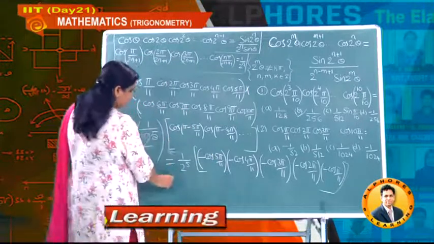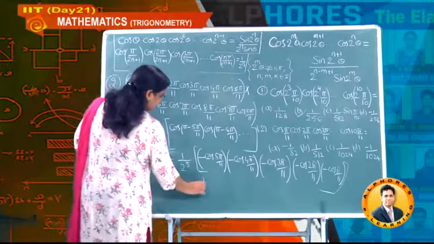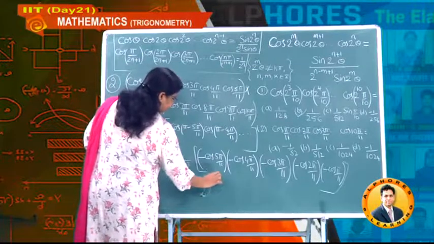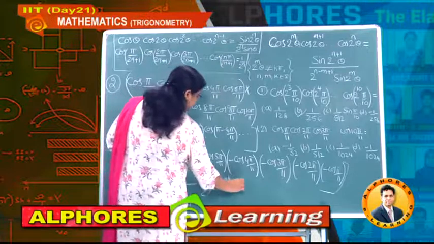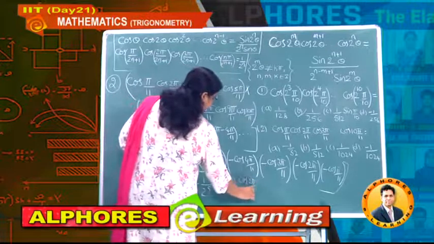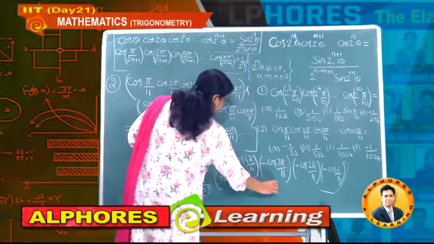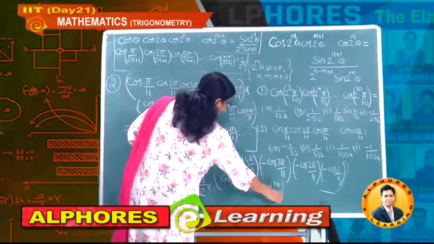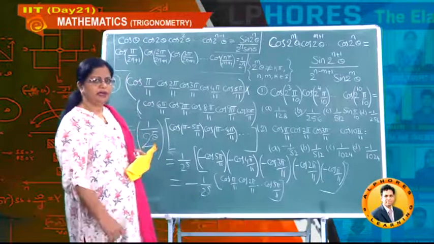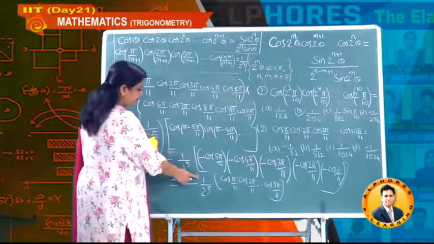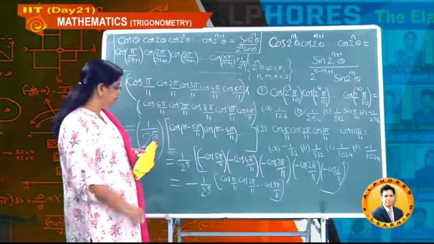Then minus into minus, actually odd number of times you will get one more minus extra. So that you got here minus 1 by 2 to the power of 5 and into this is nothing but cos pi by 11, cos 2 pi by 11, etc., till where you got cos 5 pi by 11. Then that is nothing but actually how much? One more 2 to the power of 5. Okay. Therefore, finally students, what is your answer?